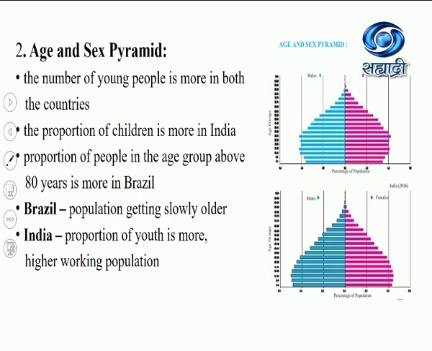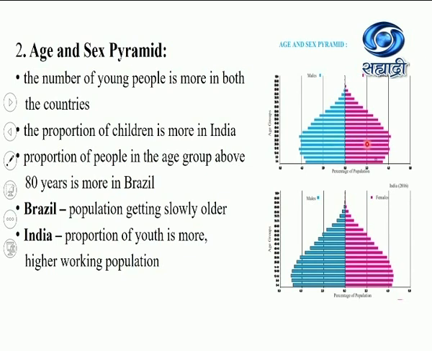So here you can see, in both these pyramids of Brazil 2016 and India 2016, you can find that the number of young people is more in both the countries because the base is broad. At the base we have the young population, and as you go towards the apex, the tip, you will find the old population.